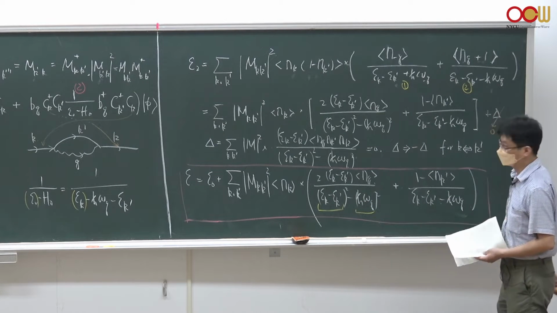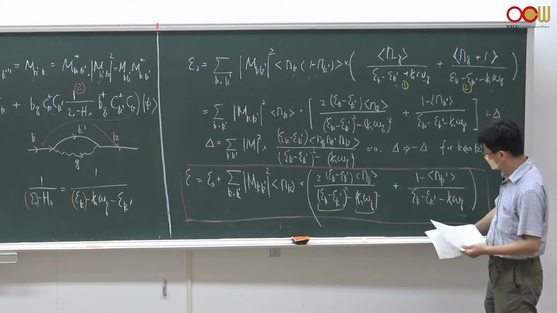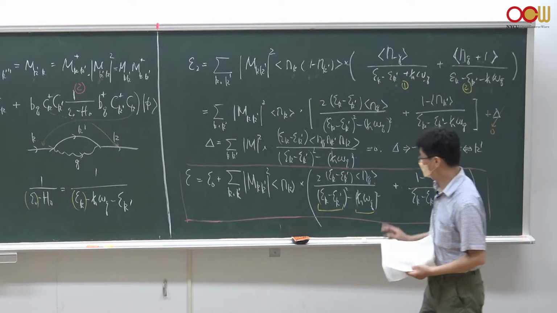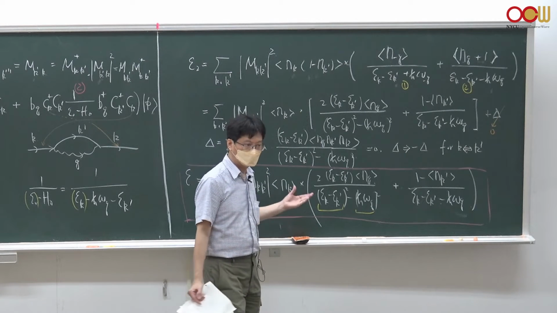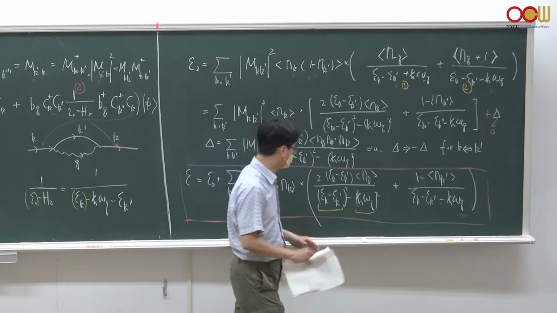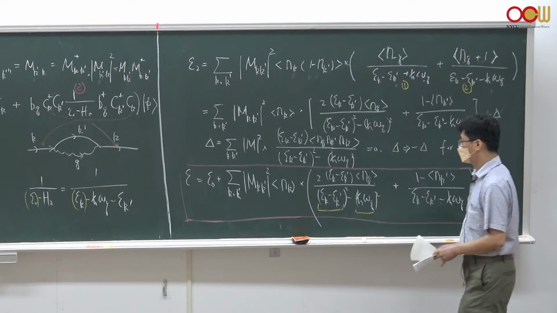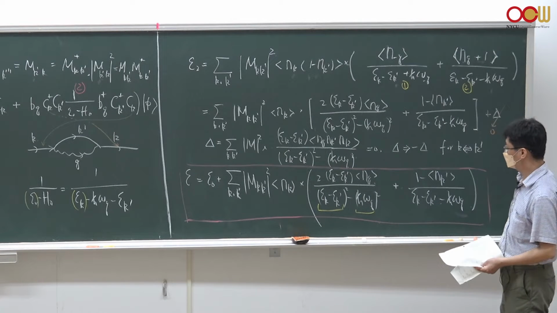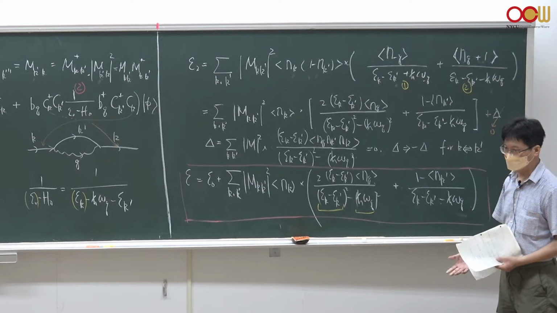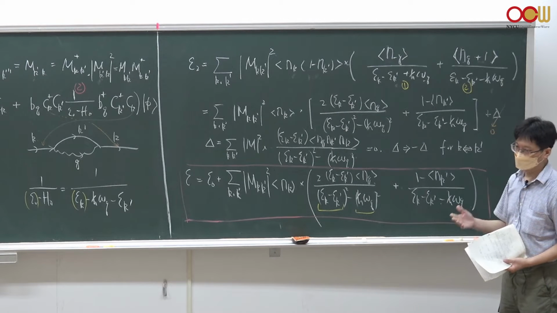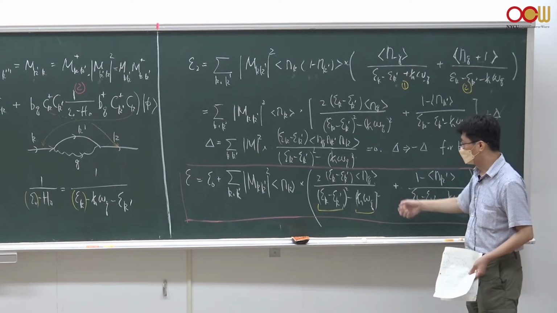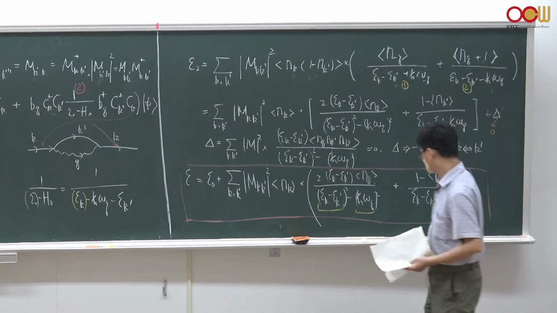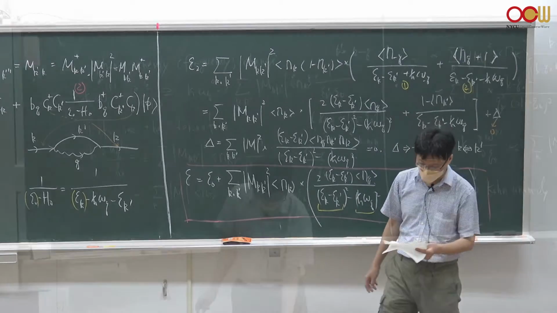And similarly for the second term. Okay, so this looks horrible, but fortunately we could simplify this calculation after the break, and we could make some remarks and comments on these corrections to the phonon frequency and also the electron excitation energy from this general expression here. So let's take a short break.